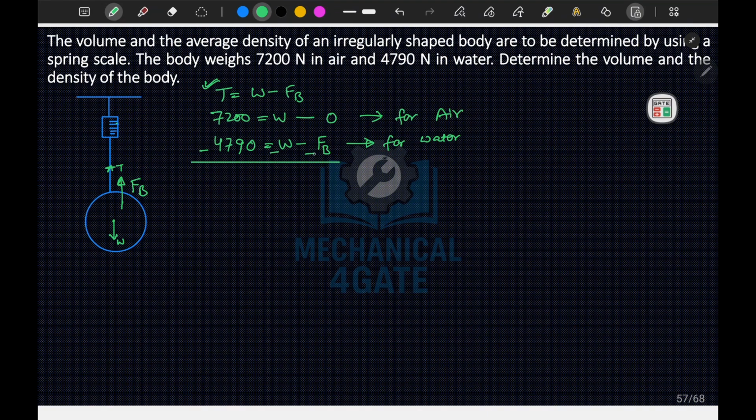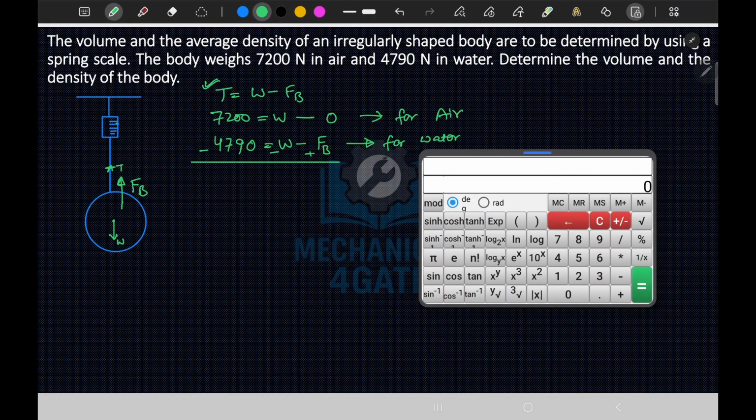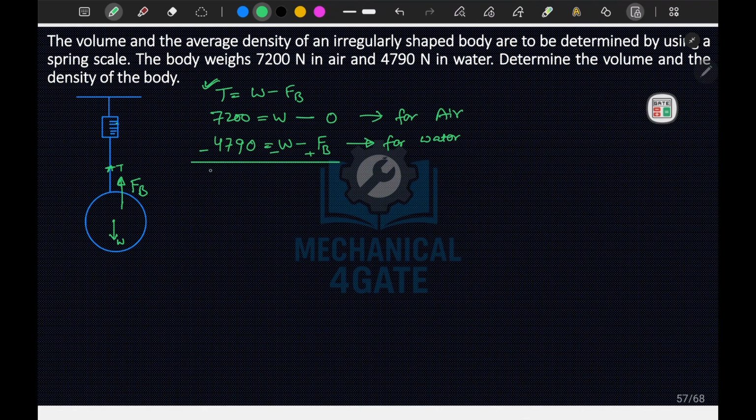If you subtract, it becomes 7200 minus 4790, which is 2410, equal to W minus W, which is 0. This will become FB. So this is your buoyant force.